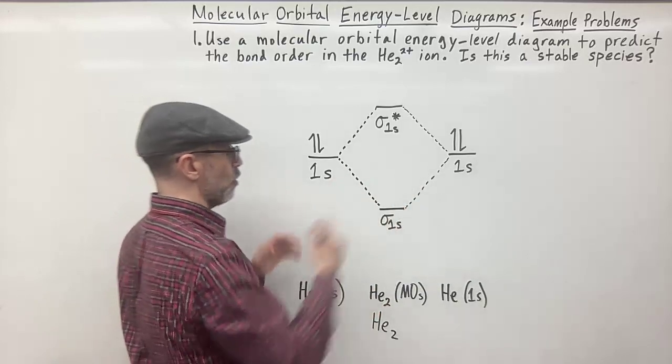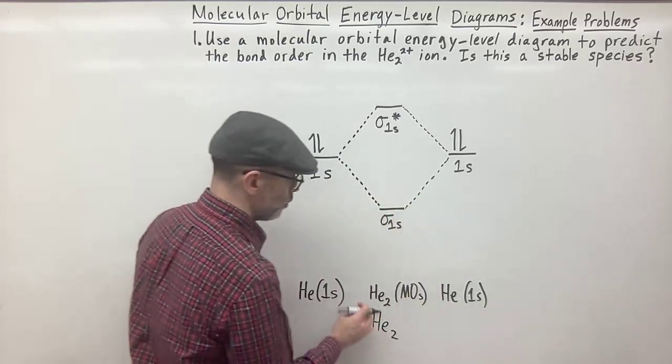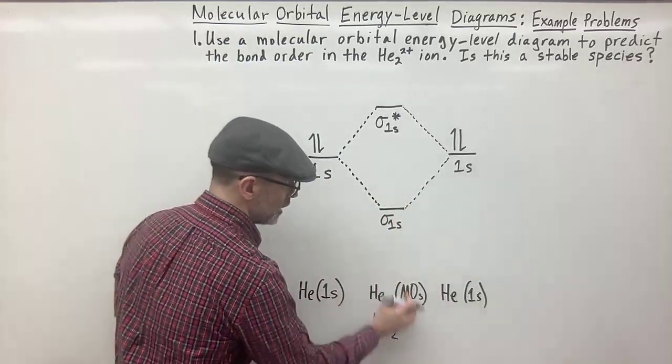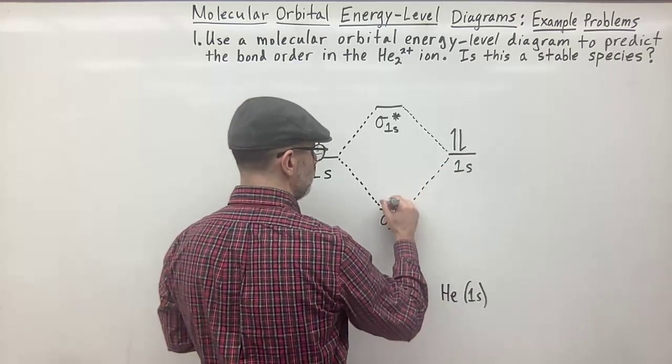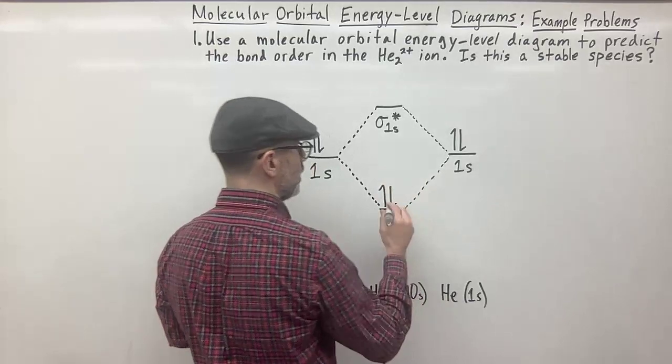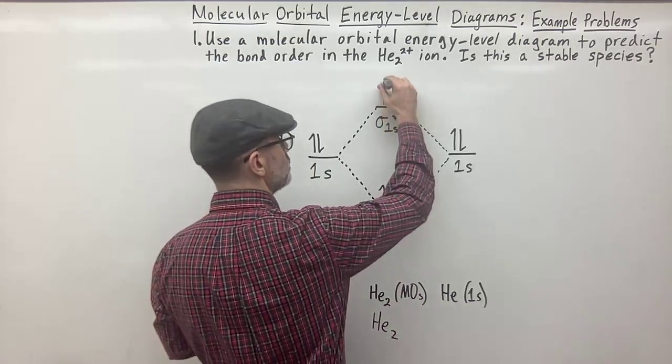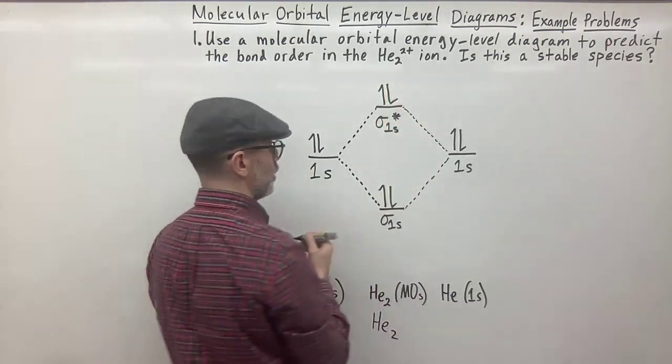Okay, so we have four electrons. If it was the He2 molecule, we would fill in spin up, spin down here, and then spin up, spin down here for the other two.